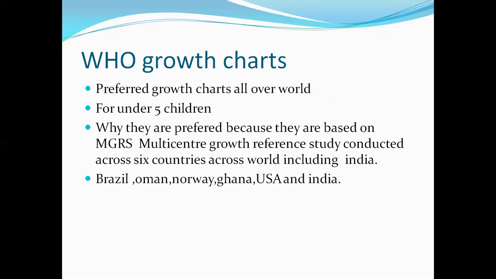The 6 countries were India, Brazil, Oman, Norway, Ghana, and USA. So you can see that from all the continents, different countries were chosen, and then they developed these growth charts. Now these are the standards, and they are mainly used for assessing malnutrition.